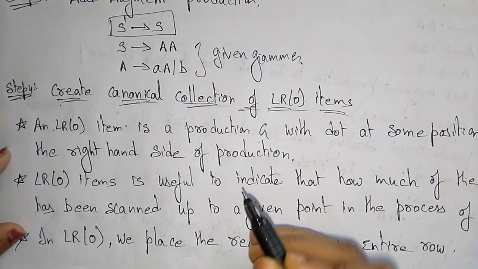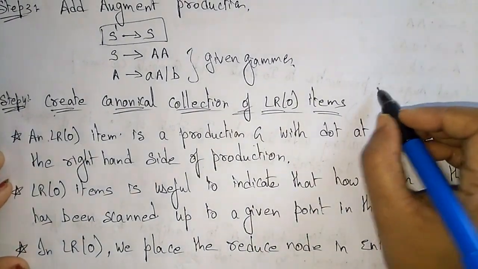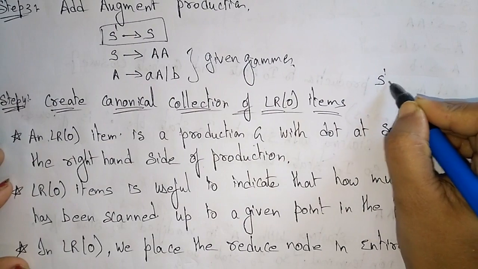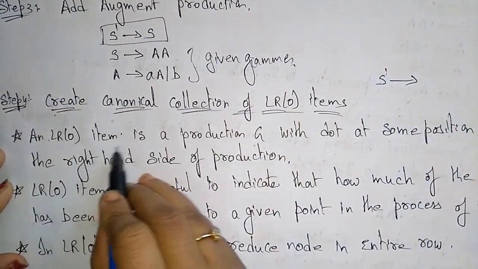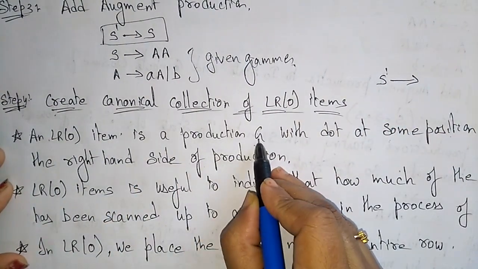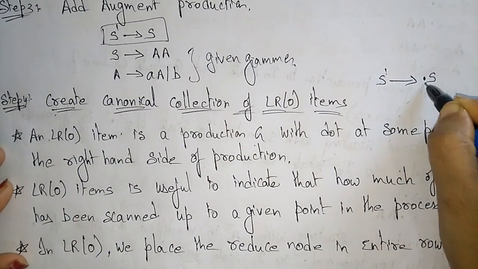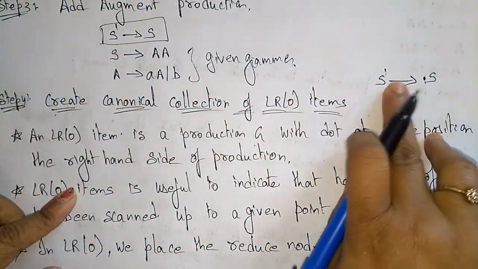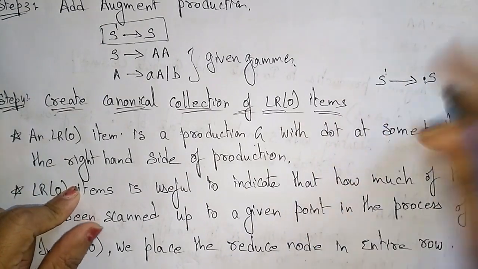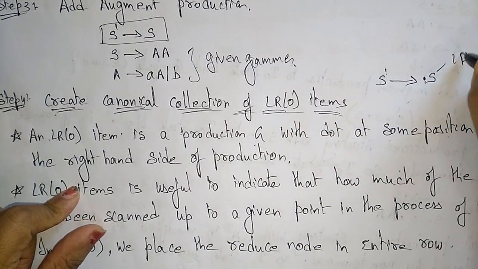So the canonical collection of items is formed from any production with a dot at some position on its right-hand side. Then this is an LR0 item.